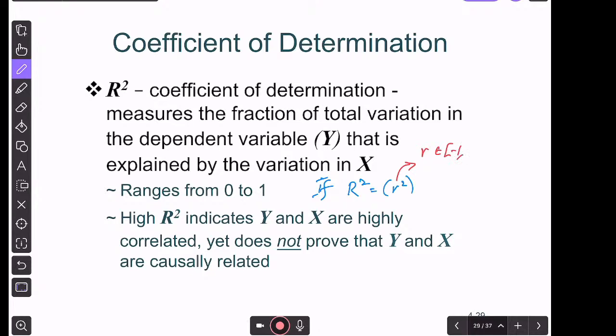Did I say 0 and 1? Negative 1 and 1, sorry. Sometimes I don't realize what I'm saying. R is between negative 1 and 1. It's an index. But when we square it, it becomes a percentage. Okay, wait, questions?